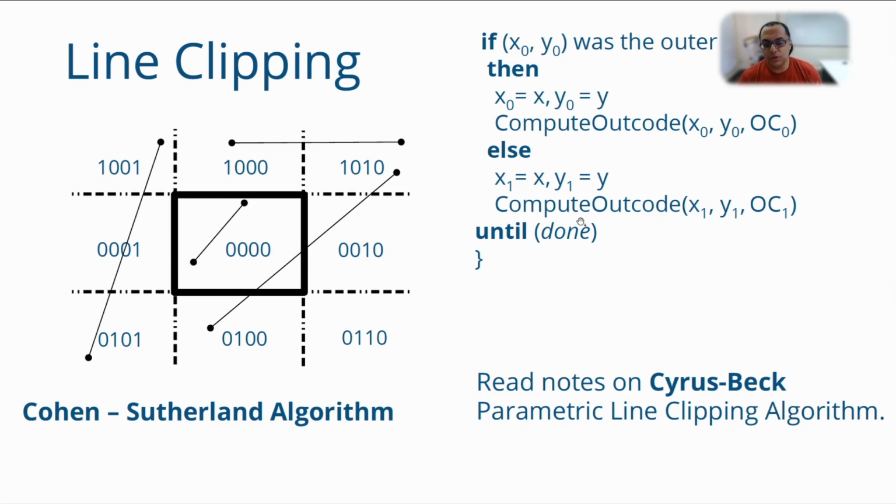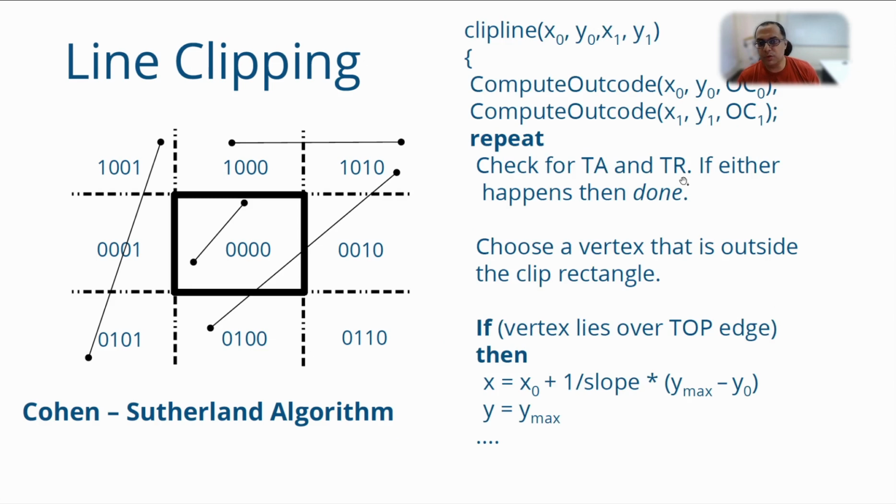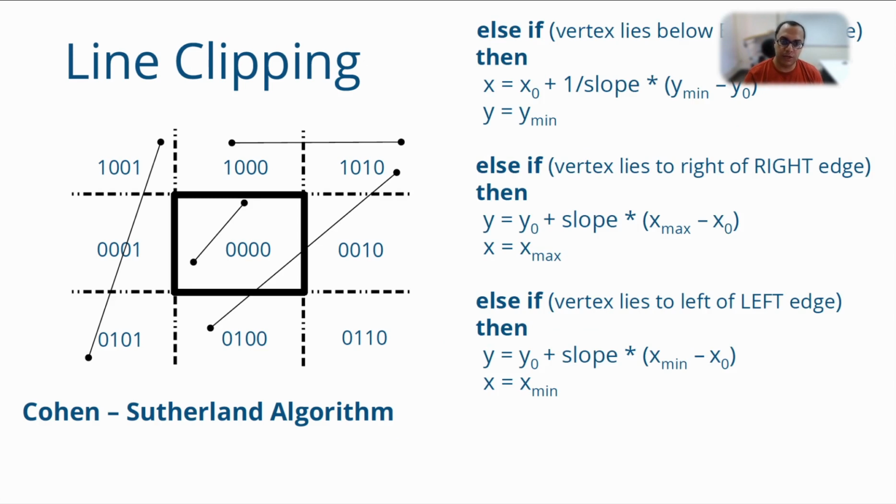Okay, so what you must ensure when you are doing this is that you have written this code in some order. So for example, you are saying if vertex lies over the top edge, then if vertex lies below the bottom edge, then if vertex lies to the right of the right edge, and then you are checking if vertex lies to the left of the left edge. When you are dry running this algorithm on paper, which is useful, you should always maintain the same ordering of testing.